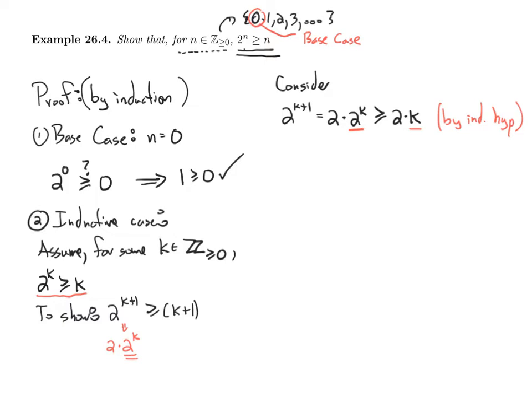Okay. And now we need to show that this indeed is true for k plus 1. And so you could write down, let me write this down on a different line. So this is 2 to the k. So what we want to do is we'd like to say that this is indeed greater than or equal to k plus 1.